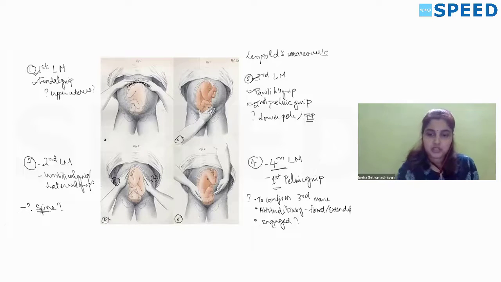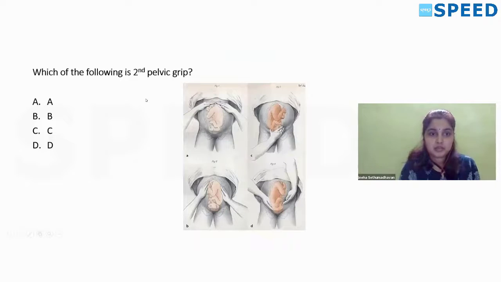So you should know the order in which it is done and also the different names given to the examination method. All right. Second pelvic grip, we just saw that the other names are Paulick's grip or the third Leopold's maneuver. So this first picture A is the fundal grip.